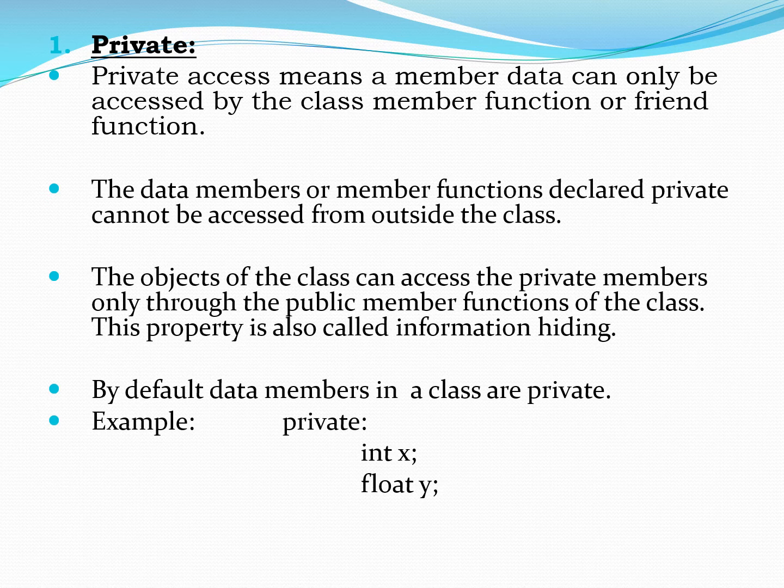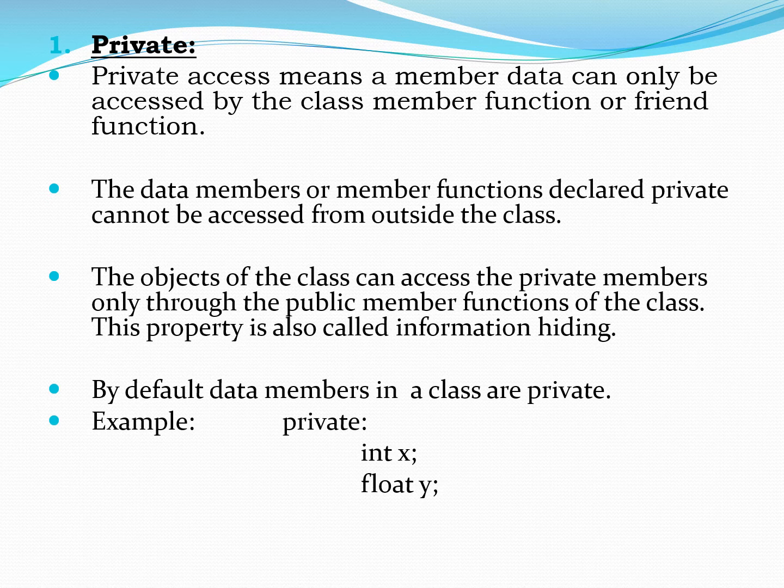Private access means a data member can only be accessed by the class member functions or a friend function. The data members or member functions declared private cannot be accessed from outside the class. The object of a class can access a private member only through the member functions of the class. This property is called information hiding.